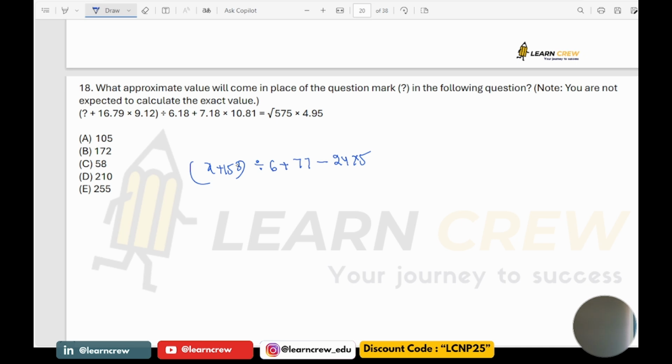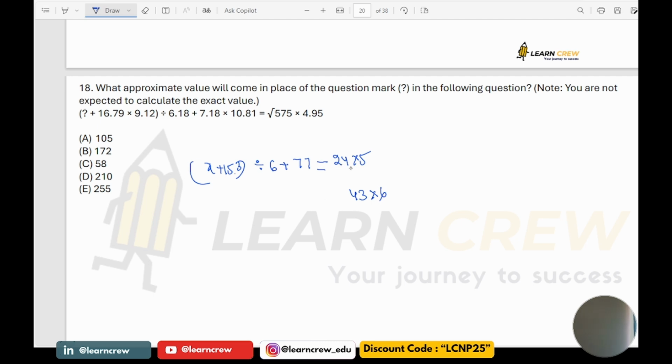Please see here. Now what is the answer? 153. This 77 I am bringing this side. 24 into 5, 120 minus 77 is 43. 43 into 6, 40.